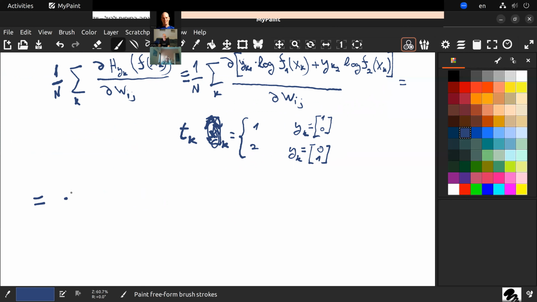We have minus 1 over n, sum over k, and here all we have is, no, we have 1, so we have only log of f of x_k at t_k.